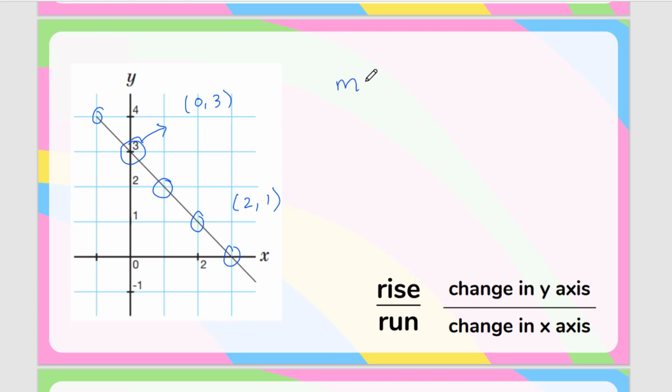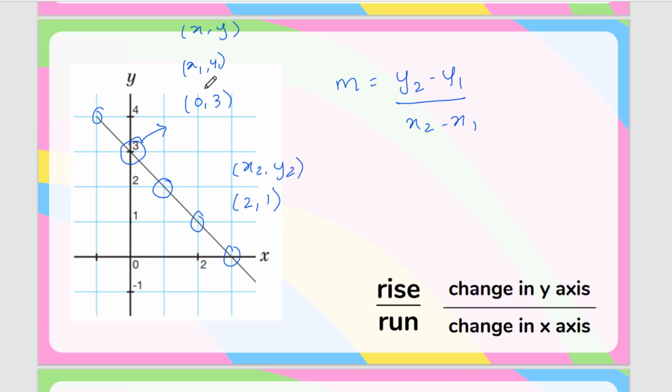How do we find it? m is y2 minus y1 by x2 minus x1. This will tell us the change in y-axis and the change in x-axis. What are x1, x2, y1, y2? Now we'll take one of the points as the first point, another point as the second point. So I'm treating this as x1, y1 and here x2, y2. So what should I do?